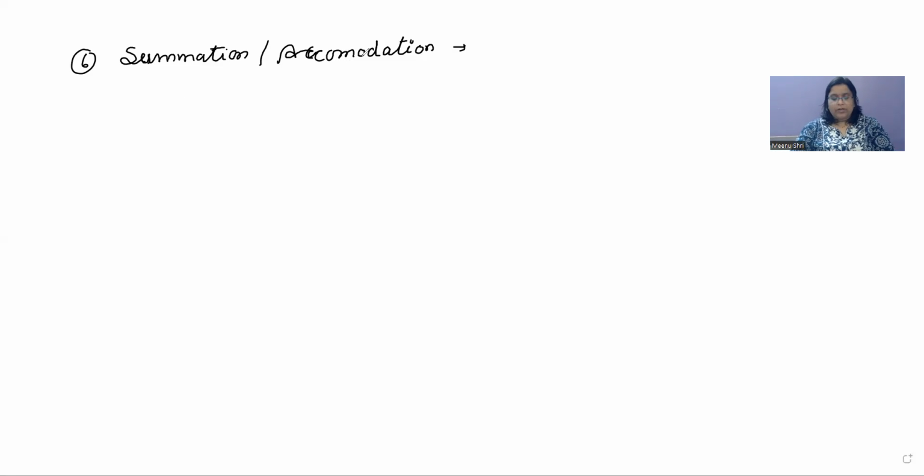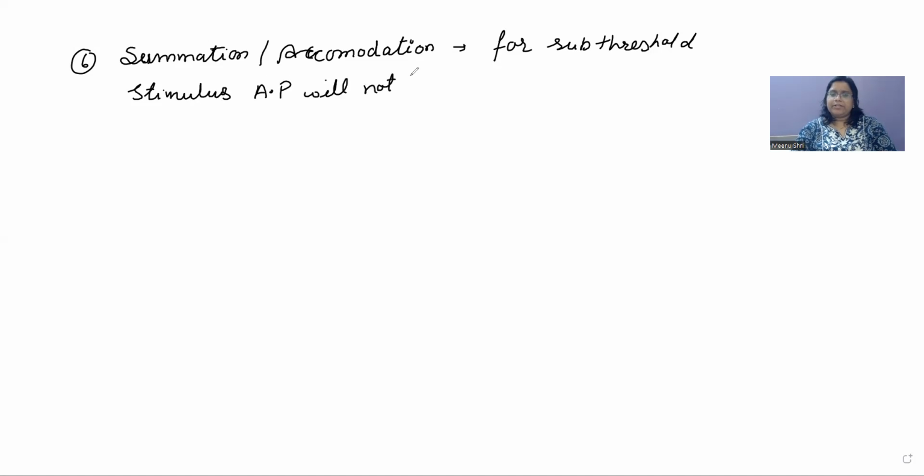So for a sub-threshold stimulus, an action potential will not be generated.